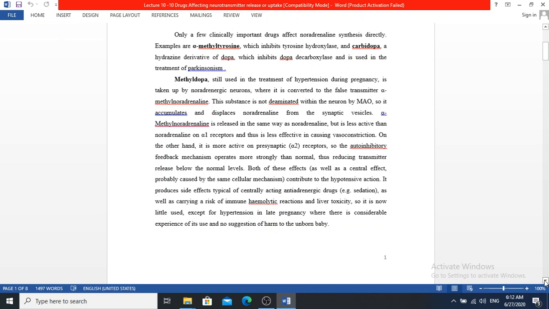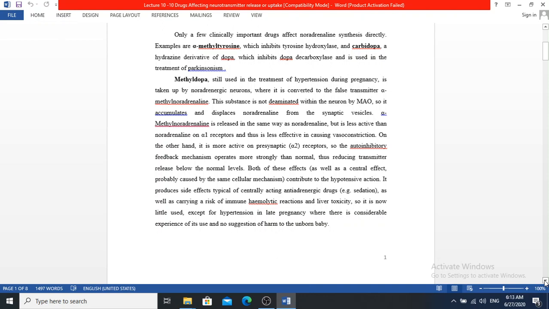Alpha methyladrenaline is released in the same way as noradrenaline, but it is less active than noradrenaline on alpha 1 receptors and thus is less effective in causing vasoconstriction. On the other hand, it is more active on presynaptic alpha 2 receptors.